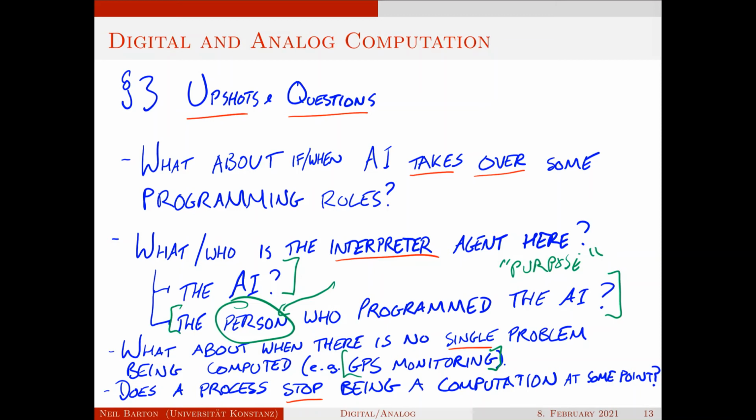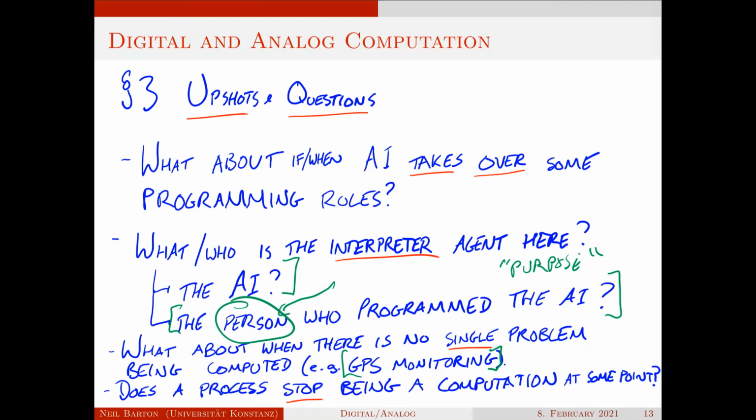So there's a question there of exactly what we think that algorithm is doing and how to interpret it. I think there are responses here. For instance, one very natural response is that this purpose of GPS monitoring seems to be subdividable into a cluster of different separate computational problems that fit together to give you a modeling of the phenomenon of GPS monitoring.